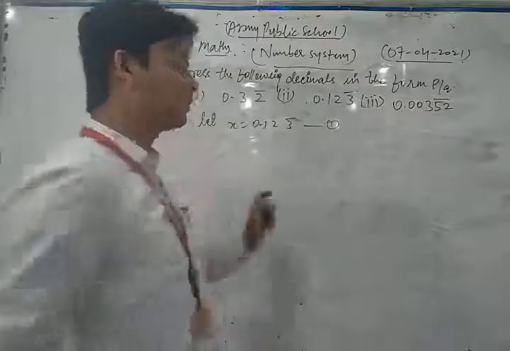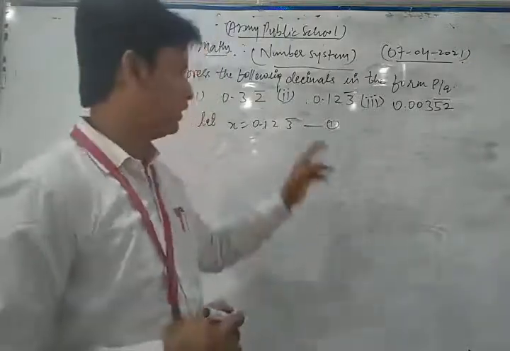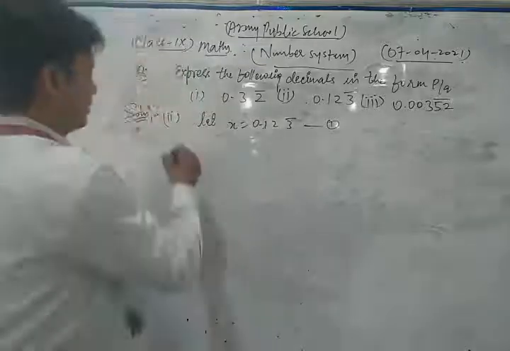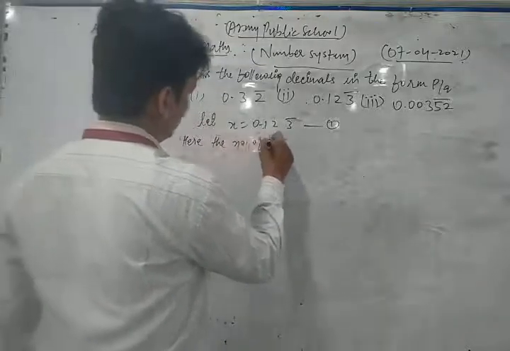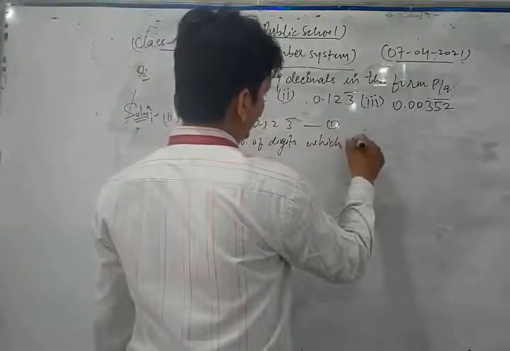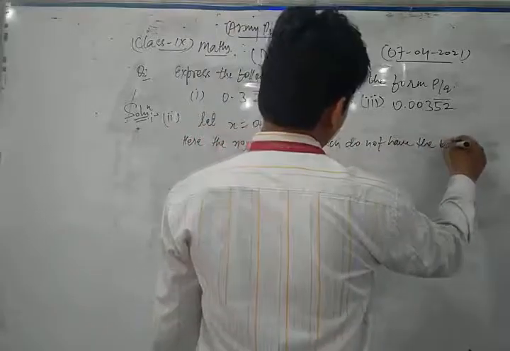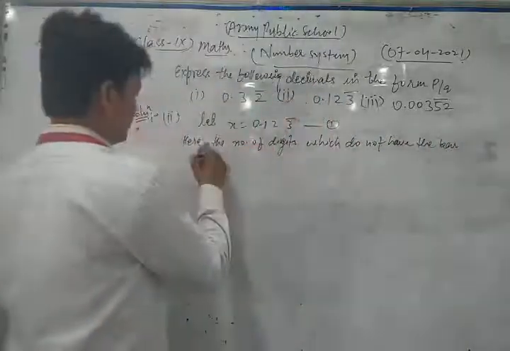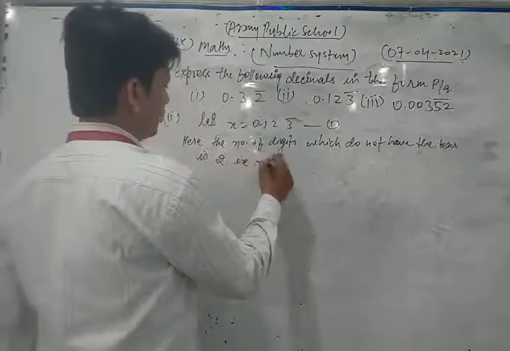First, we observe how many digits after the decimal do not have the bar, which is 2. Here the number of digits which do not have the bar is 2, that is the value of n is 2.